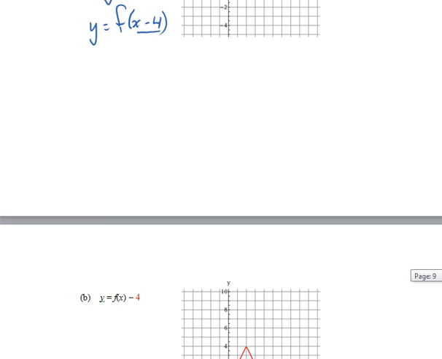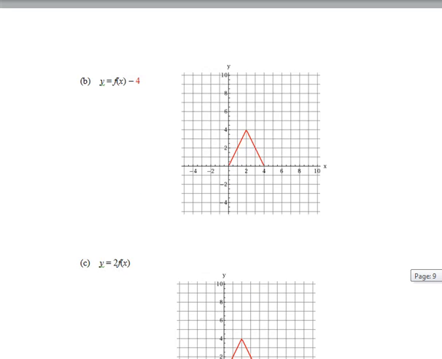The next example is to graph y equals f of x, 4 less than f of x. So this time we start with y equals f of x, and we go to y equals f of x minus 4.